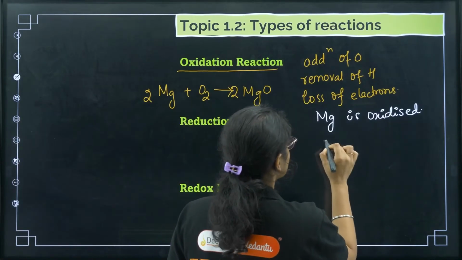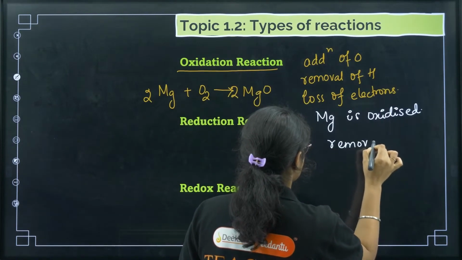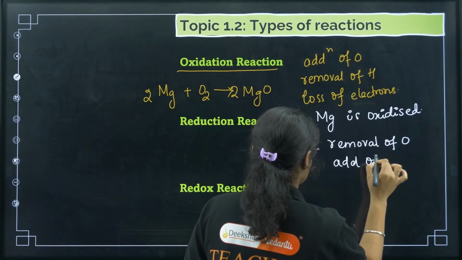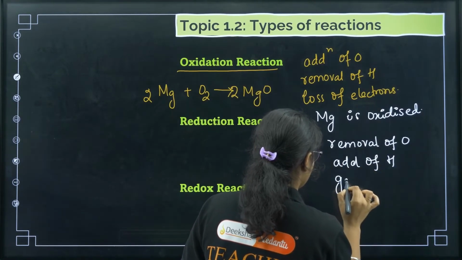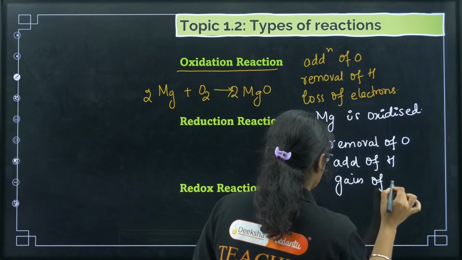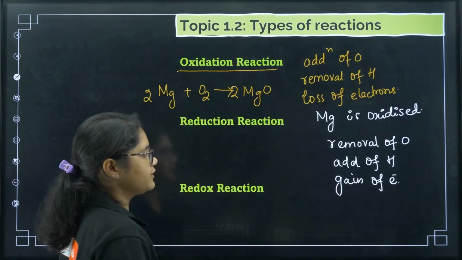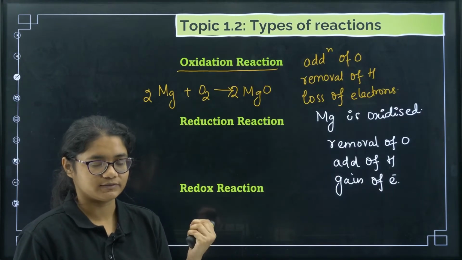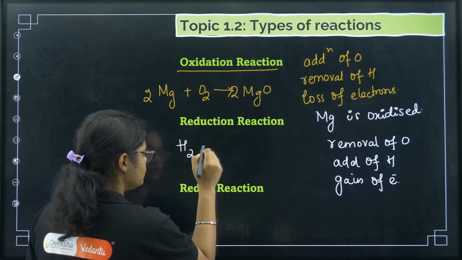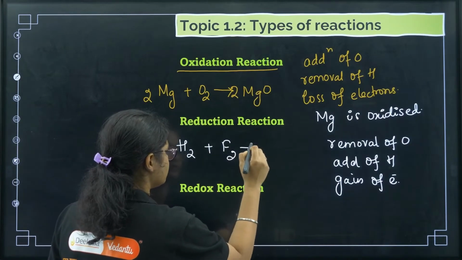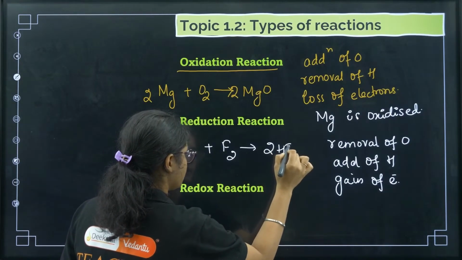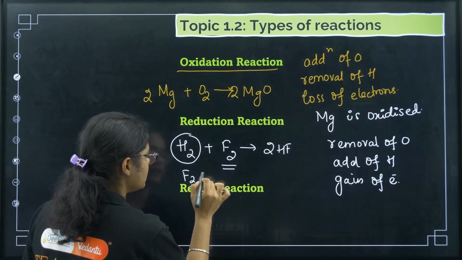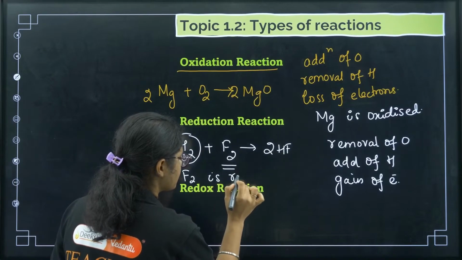Removal of oxygen, just the opposite, or addition of hydrogen, or gain of electrons. These are the different definitions for reduction. For an example, H2 plus F2 gives 2HF. To fluorine I have added hydrogen, so fluorine is reduced.